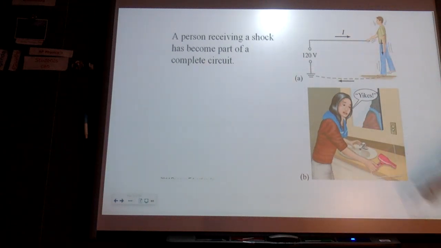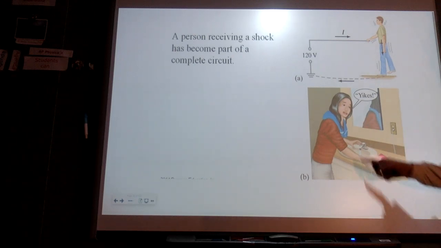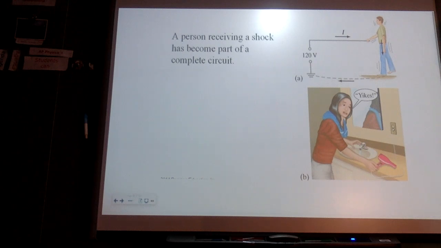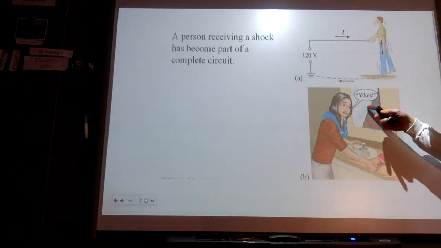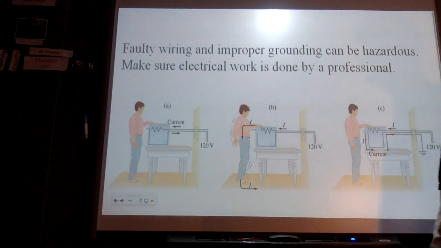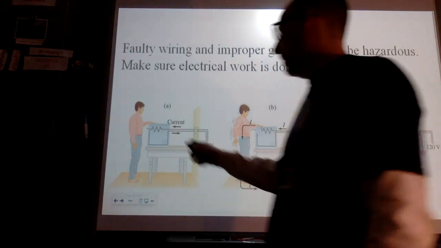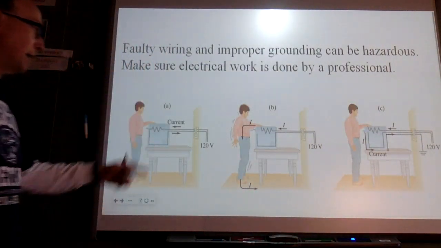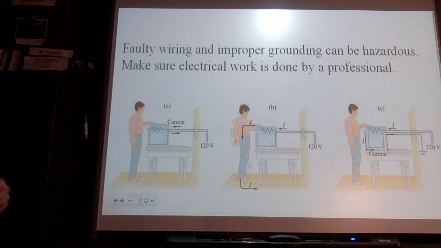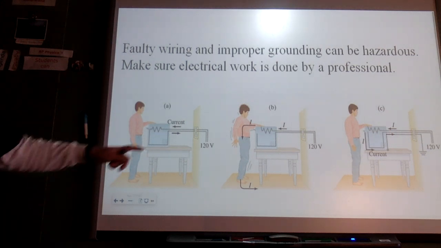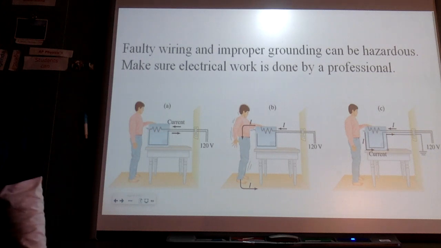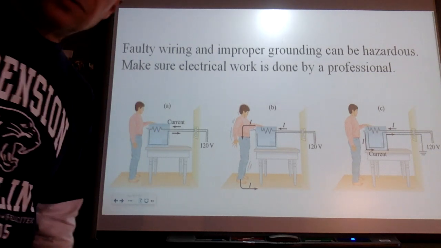Here's a woman who is apparently touching a non-grounded hairdryer and her faucet, and she is being shocked. She says, "Yikes." Here's someone barefoot touching what looks like a computer tower. And so if it isn't grounded, there could be built up charge on the outside of it.